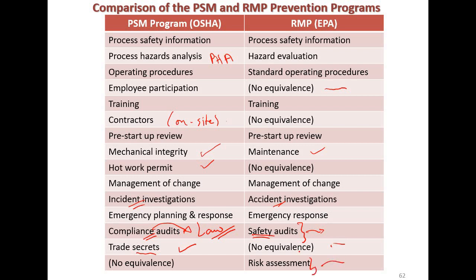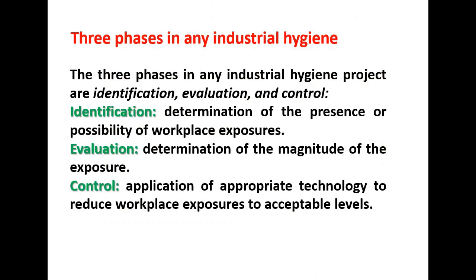And in this risk assessment, in which there is no equivalence in PSM, they could talk about the secrets part, and they also could talk about many other issues that could have been missed from the PSM. Okay, so we have finished the first part, which is related to the laws and regulations.